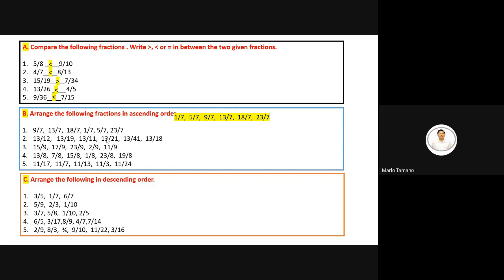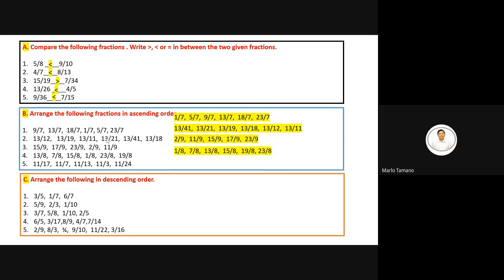Okay. So how about letter C, number 1? Let us complete letter B first. 13/41 and so on, 2/9 and so on.